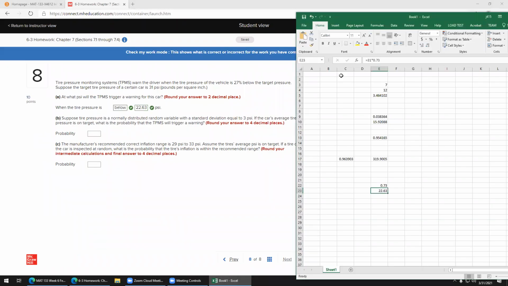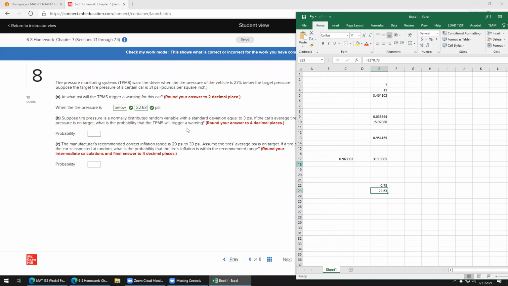And the reason I had to rethink this a little bit with the wording is that if it's 27% below when it goes off, that means I need to have 73% of the air in my tire. So what is 73% of the tire pressure at 31? Or I could have just taken 31 minus my previous answer and got the same answer as well.